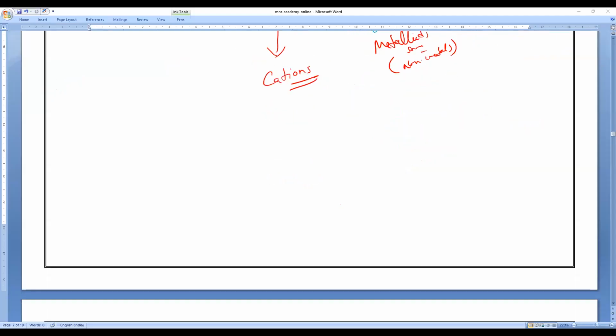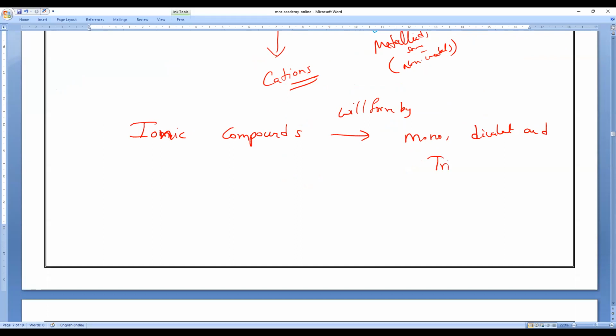What are the types of valencies I told you just now? Monovalent ions, divalent ions, trivalent ions, and polyatomic ions. Remember, ionic compounds will form by monovalent, divalent, and trivalent ions.